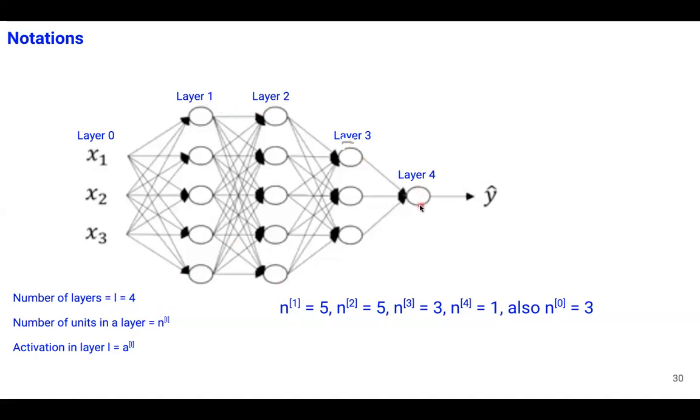The output layer is counted in the number of layers, but layer 0 is not. And then the number of units in a layer is denoted as n superscript L. Here n1 would be 5, n2 would be 5, n3 would be 3, and n4 would be 1. n0 is the input layer, that would be 3. And the activation in layer L is denoted as a superscript L.